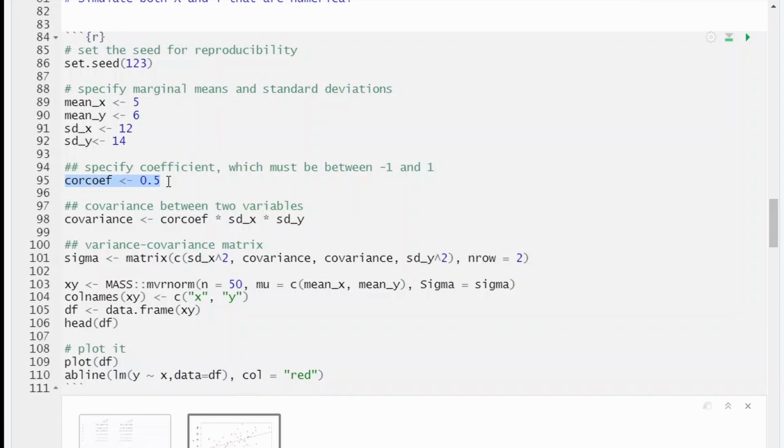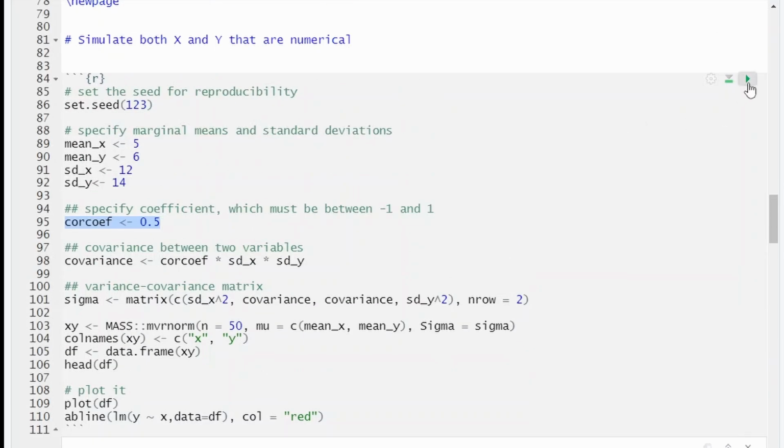Notice that this is the theoretical value, and when we simulate the data, it has some randomness. When we calculate the correlation coefficient, it should be pretty close to 0.5, even though it will not be exactly the same as 0.5.